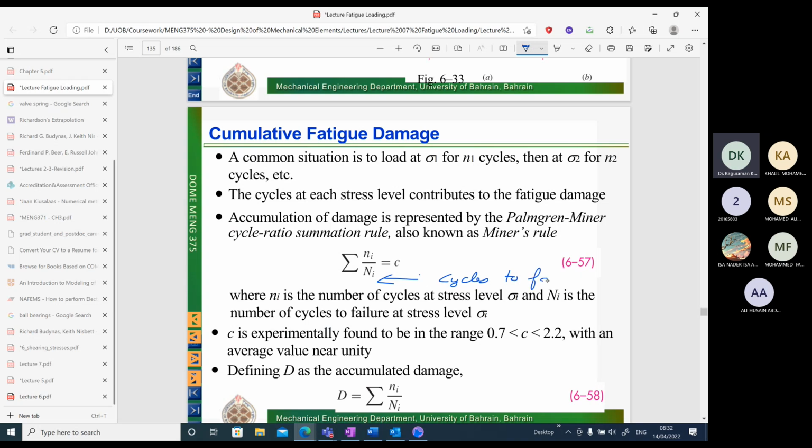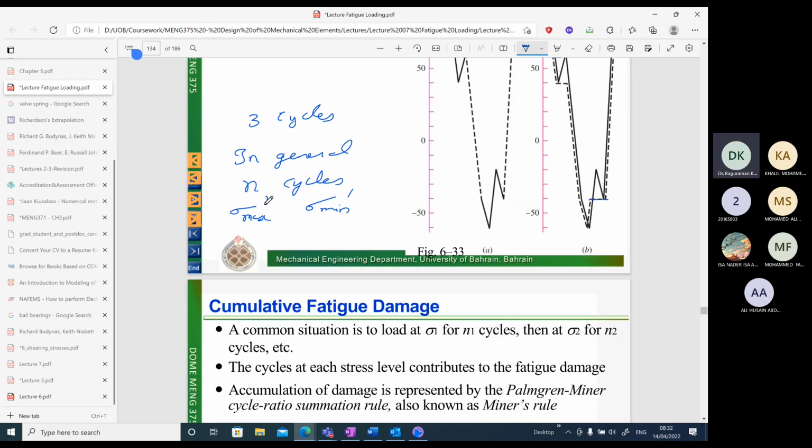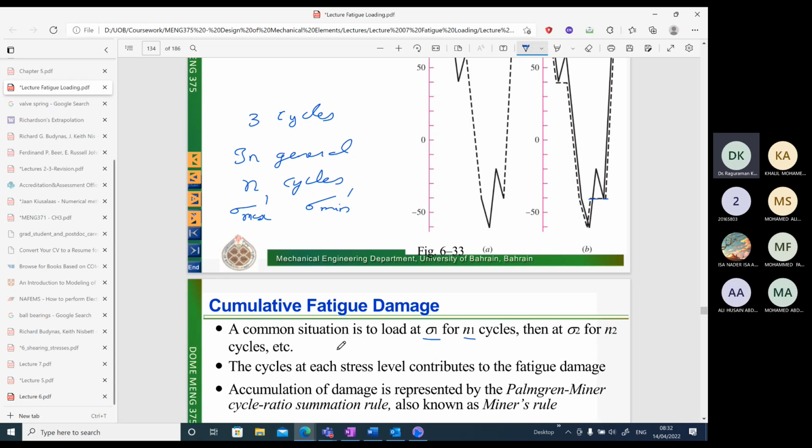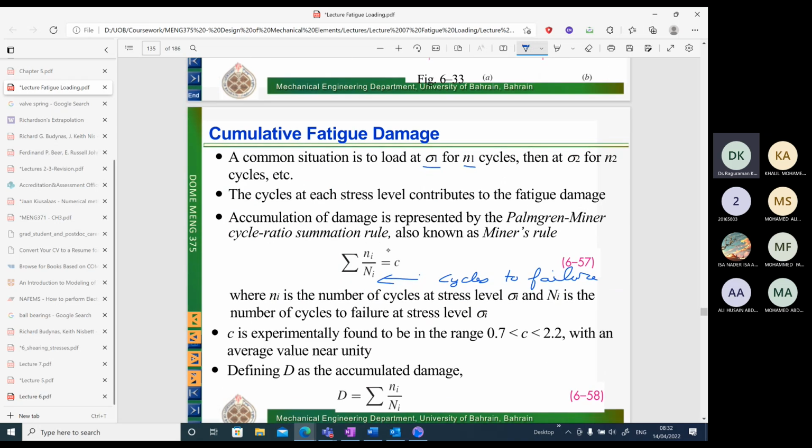But you might have applied in, let's say, cycle 1 only small n1 number of cycles, in cycle 2 only n2 number of cycles, etc. So the small n represents actual loading: how many loading cycles.